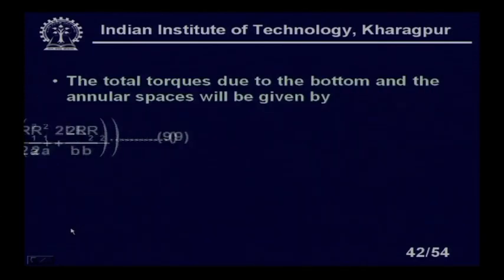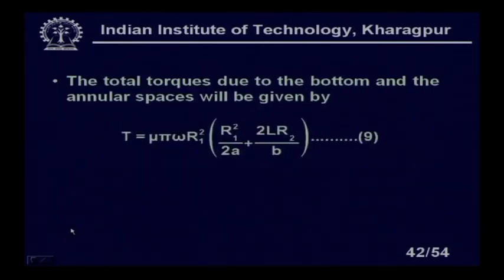The total torque due to the bottom and the annulus, which will actually be measured by some torque cell or torque meter, will be given by mu pi omega R 1 square multiplied by R 1 square by 2 a plus 2 L R 2 by B. This is equation number 9.